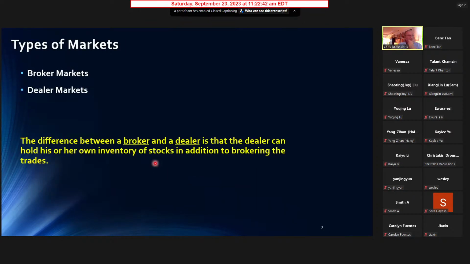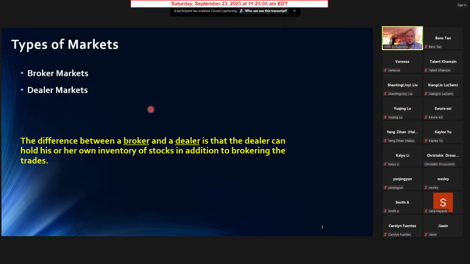Now, there are two types of intermediaries that actually buy and sell the stock on your behalf. They're called broker markets and dealer markets. The difference between a broker and a dealer is that the broker cannot hold any stock.